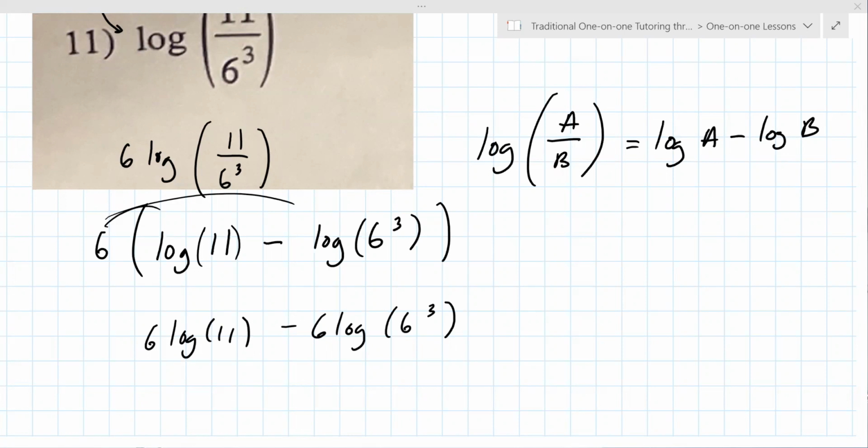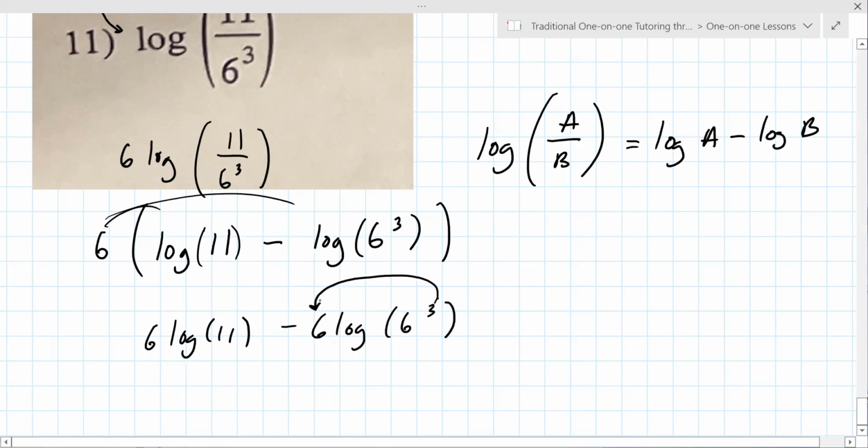Let me know when you're caught up. I'm all caught up. Okay, so the last thing is that this exponent 3 can also come out in front of this log. So it's 6 log 11 minus 3 times 6 log 6.